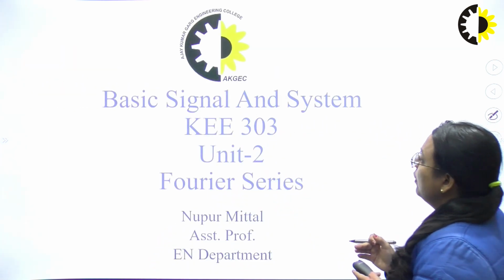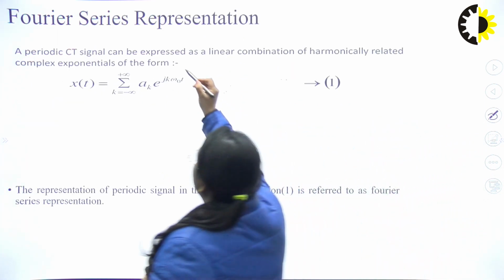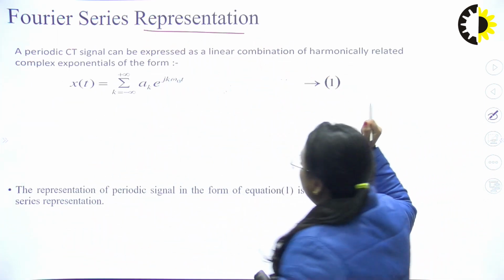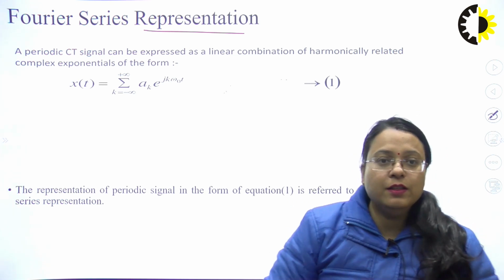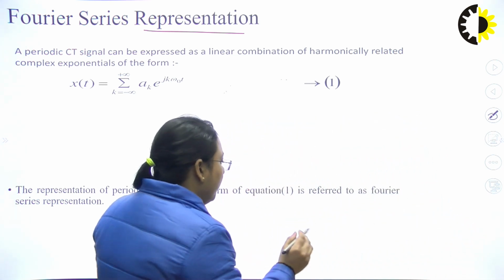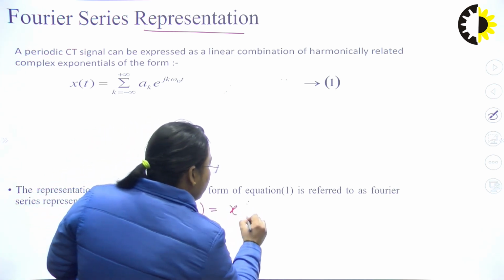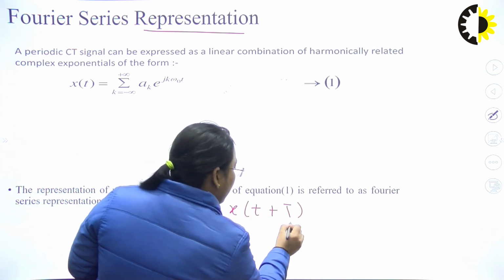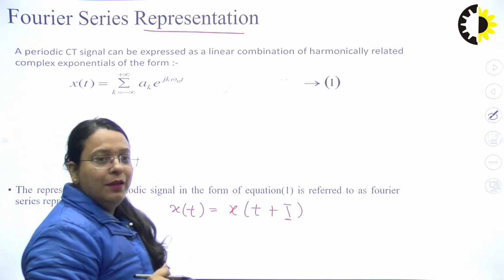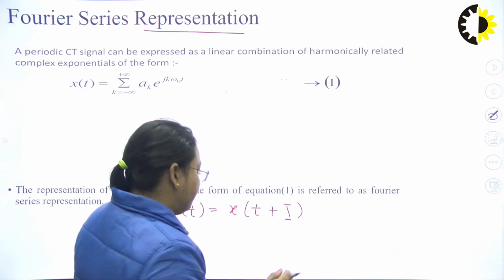As I have told you about the Fourier series representation, we know that a continuous time signal is periodic only when x(t) equals x(t plus capital T), where capital T is the time period of the signal.